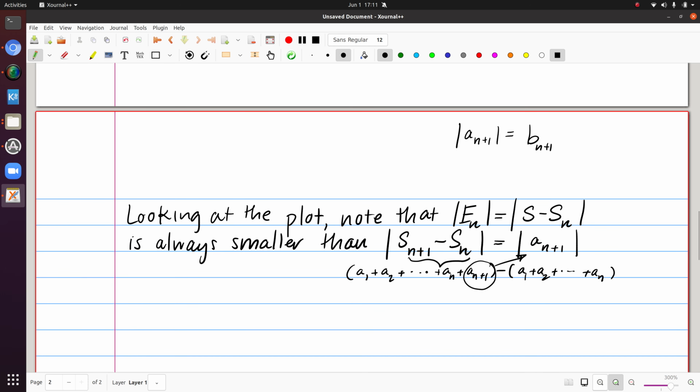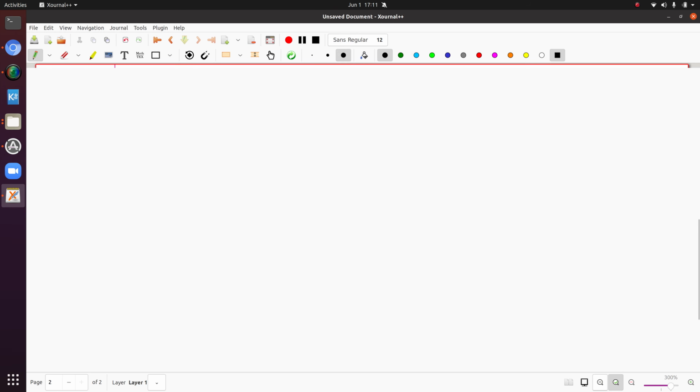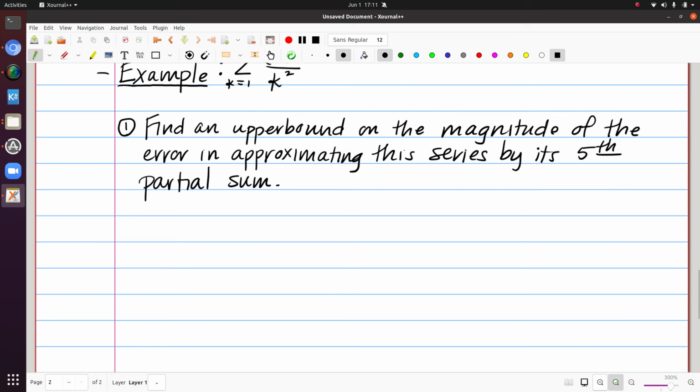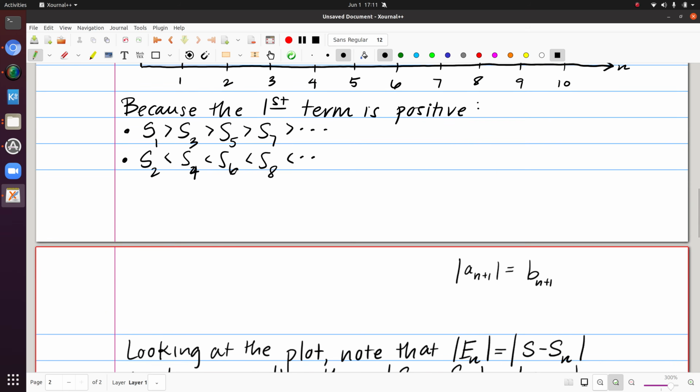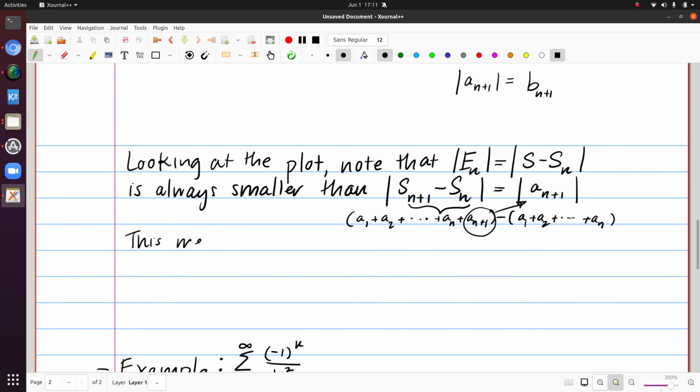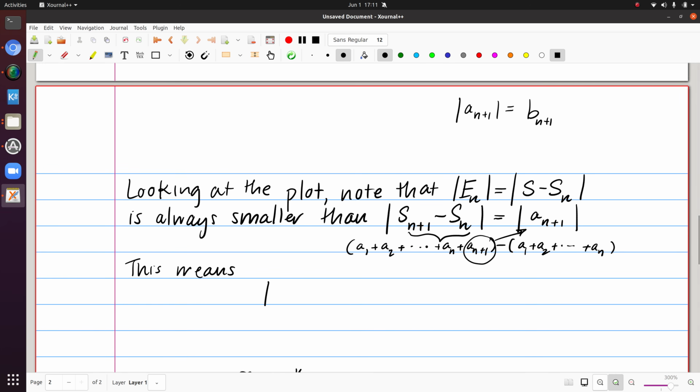So what does this mean about our error? Just to emphasize, this means that when we're using the alternating series test error bounds, we're going to be able to say that the size of the error, in using the nth partial sum to approximate the sum of the series, can be bounded above by the absolute value of the next term.